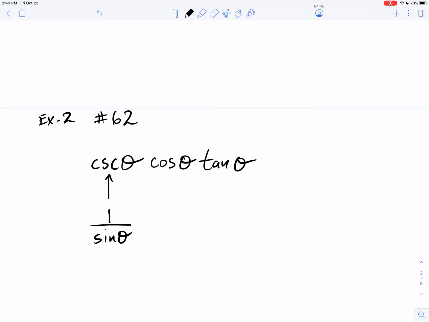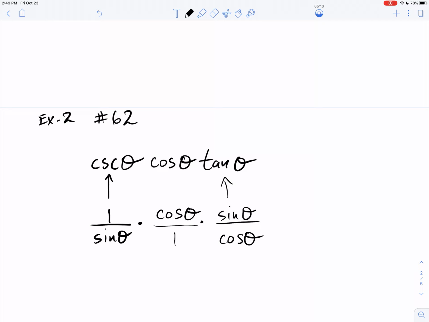That's what that guy is. But he's right next to cosine theta. So I am going to write cosine theta next. Times, well, we just used this one. We just used this guy where we went, hey, I can make you say sine theta over cosine theta. And you know, I'm just going to stick a 1 on the bottom here because I can.